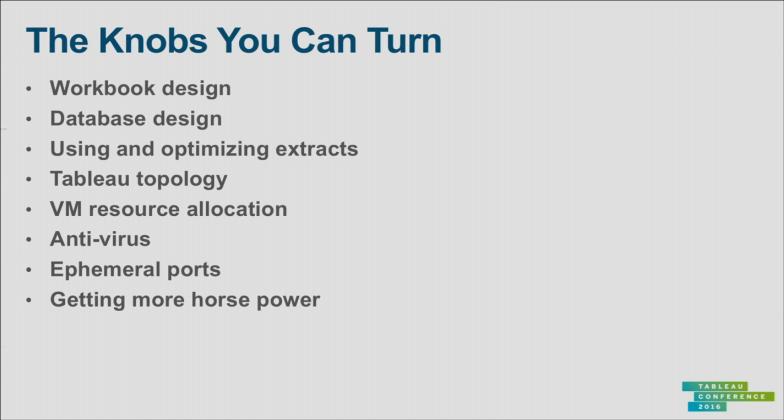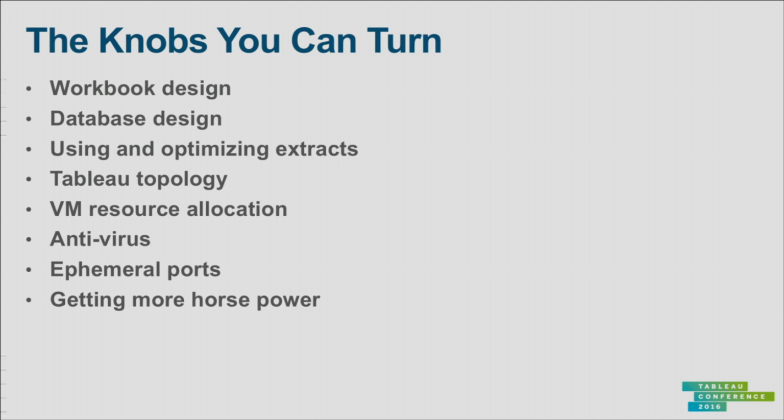We can also look at database design, because at the end of the day, Tableau has to run queries. So we want to make sure that the database is as optimally set up to handle us as possible. We also can optimize extracts if that's the data source of your choice. We also can start to look at your Tableau topology, and by this I mean how many workers do you have, how are your processes spread across these.